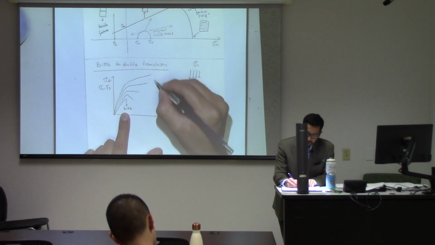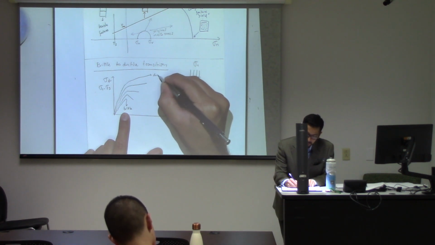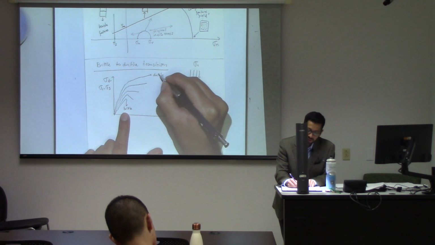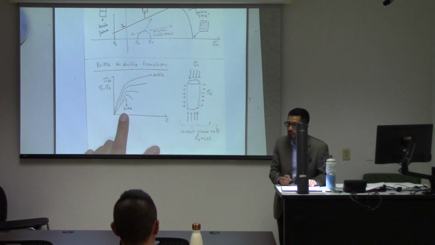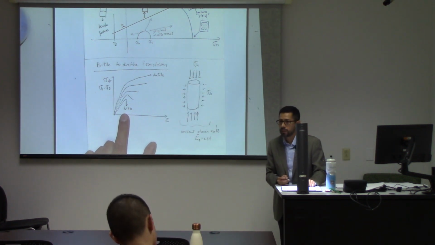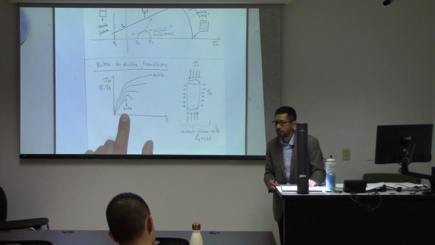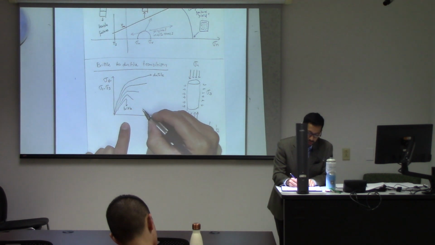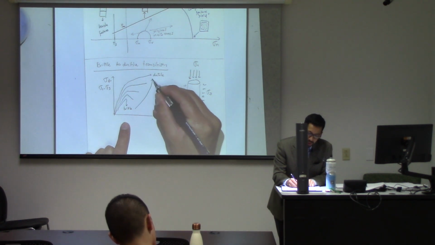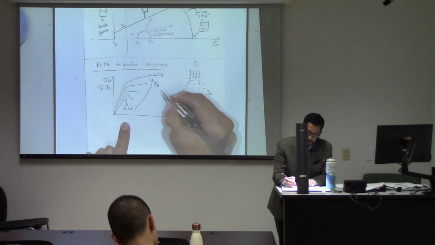A ductile failure is a failure in which you do not have a well-defined peak, and the deformation may not be very well localized in a single plane. So if we have, this will be increasing sigma 3.